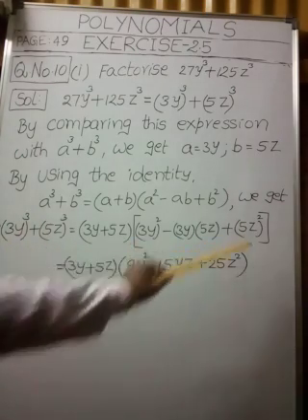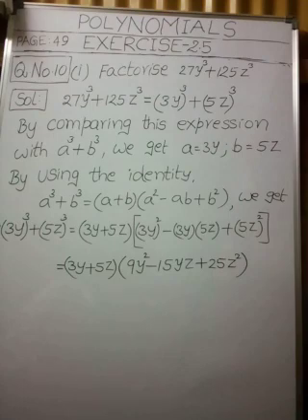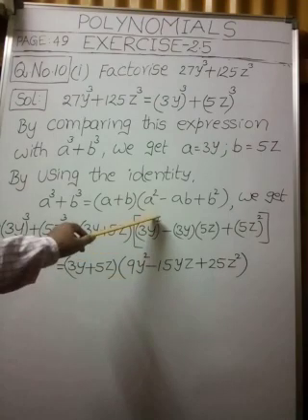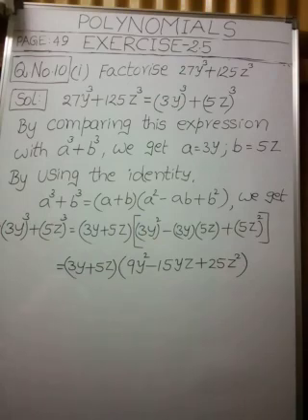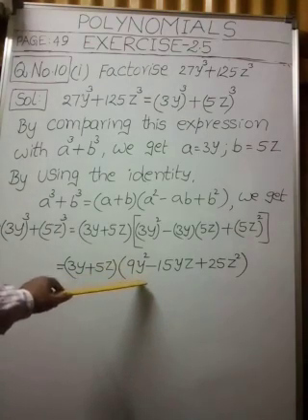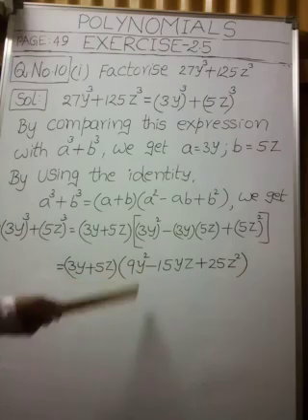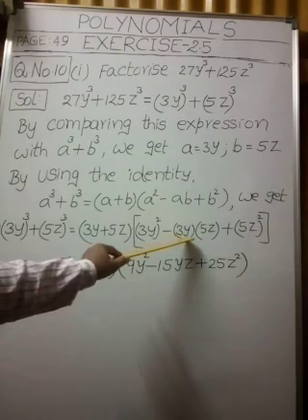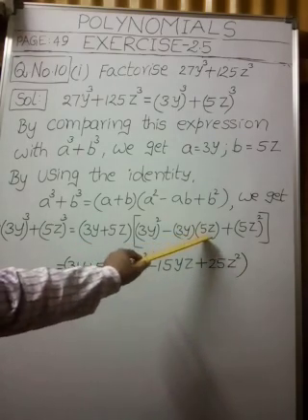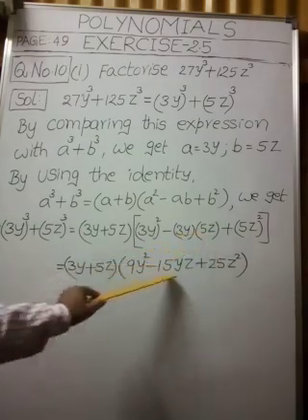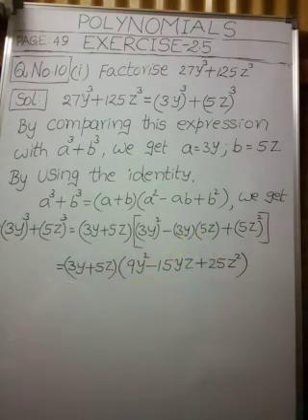Now in these brackets we simplify each and every term separately in the rough work. 3y whole square. What is meant by 3y whole square? 3y into 3y. Then what will you get? 9y square. Understood this first term, my dear children? Right. Now minus 3y into 5z. 3 5s are 15yz, minus 15yz. This is the second term.